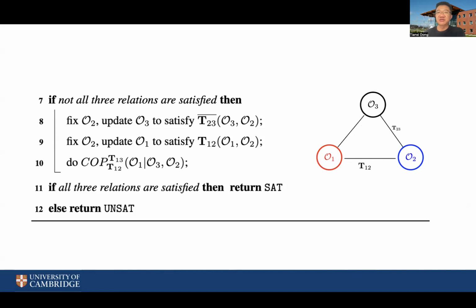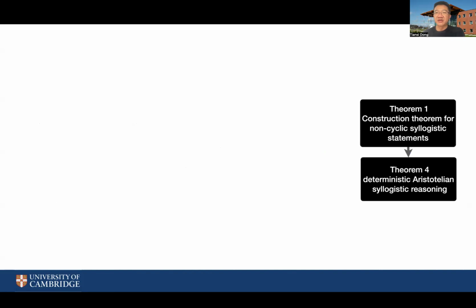And now constraint satisfaction. If the global loss equals 0, we find a model. If not, the control process stops, and the 3 relations are unsatisfiable. Now we need to extend the algorithm for long chain syllogistic reasoning.